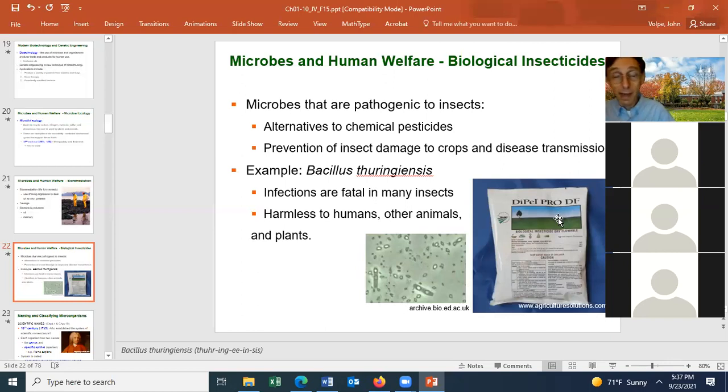My father, way back in the 1960s, bought Bacillus thuringiensis to apply to apples instead of using a chemical pesticide. The trouble was, my father was a little lazy, and he did apply it once or twice, but the Bacillus thuringiensis has to be applied to the apples about the same as the chemical pesticides.